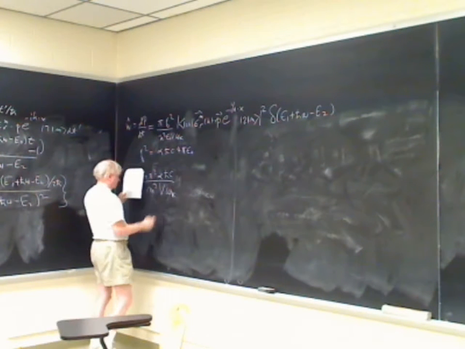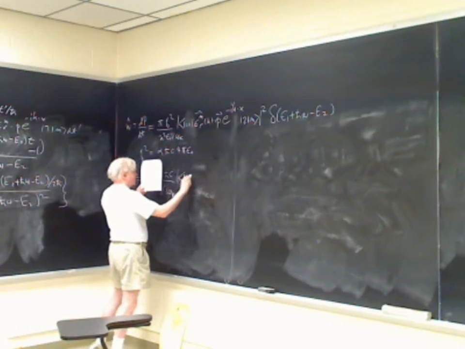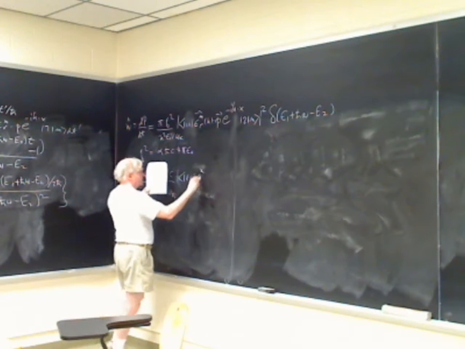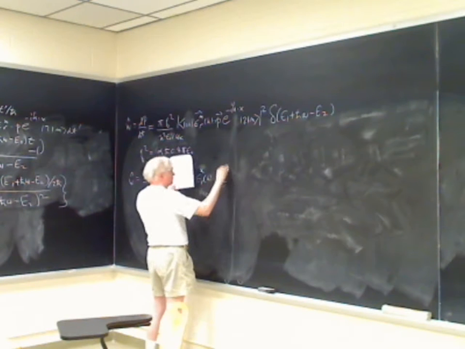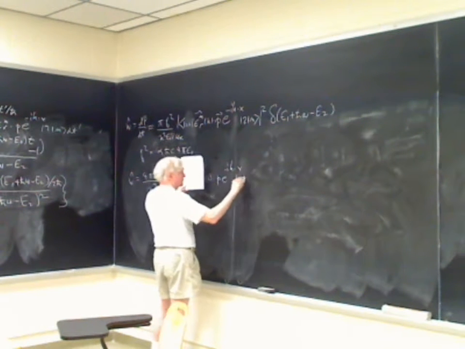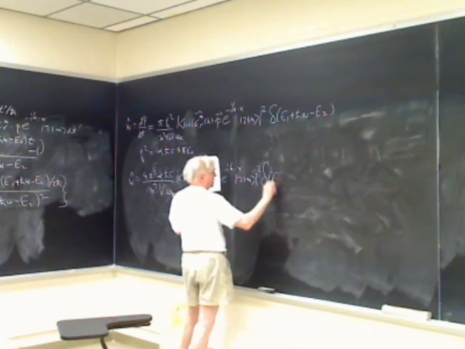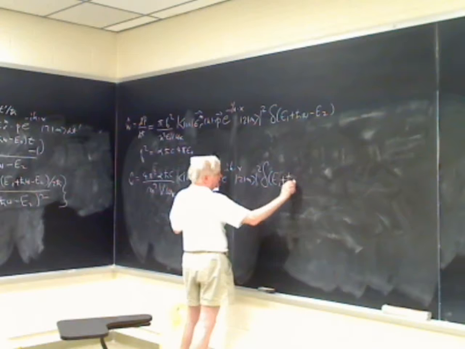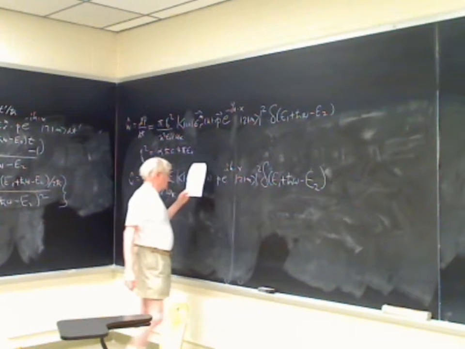This is the energy of the final photon. 1, 0, 0, epsilon star r k, not v. Okay, so that's the expression.